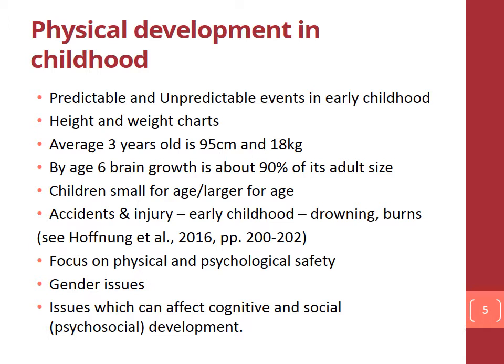If a child is significantly taller or heavier than their peers, it is most likely that they're going to be stronger and potentially more coordinated. So this could lead to issues when it comes to playing with peers.